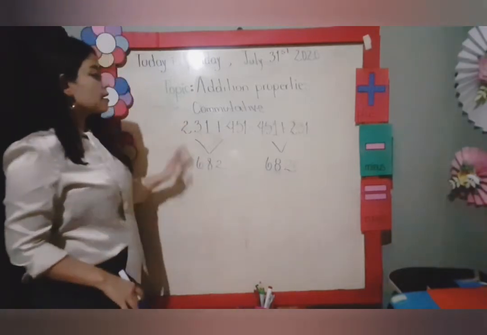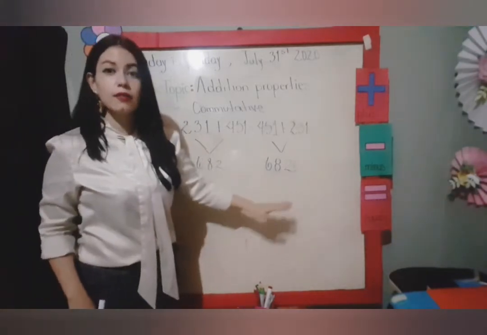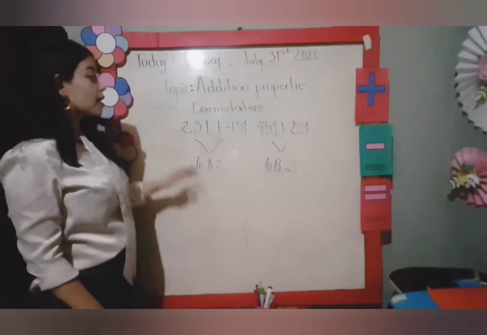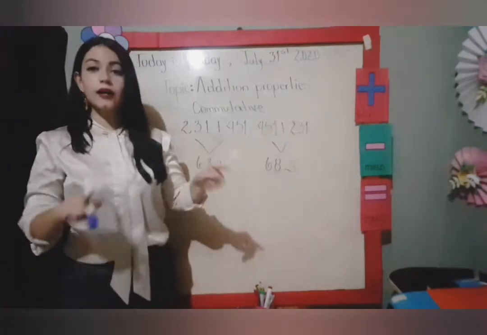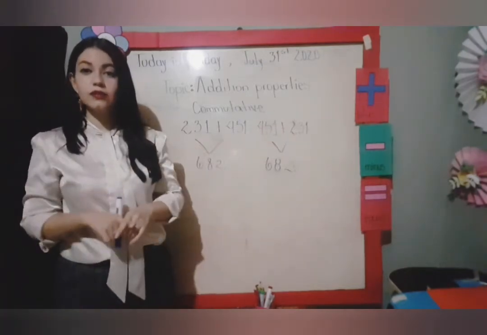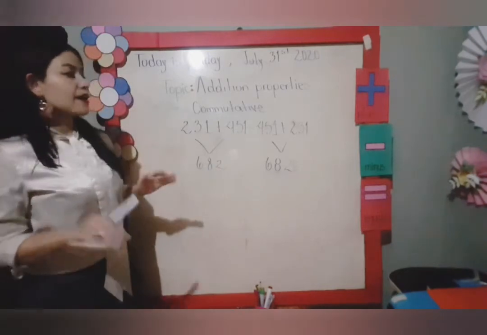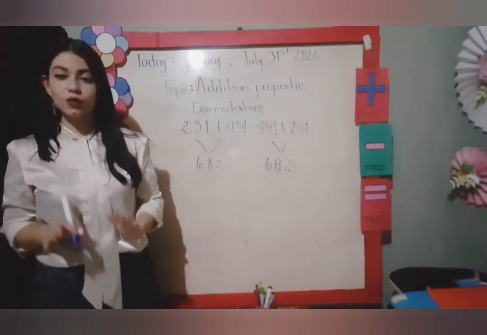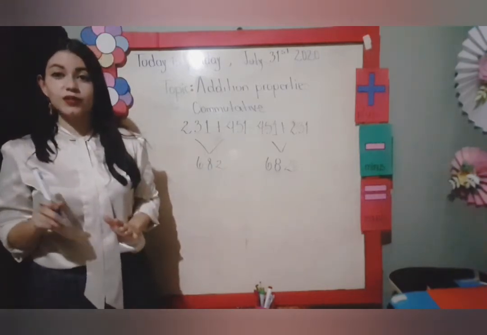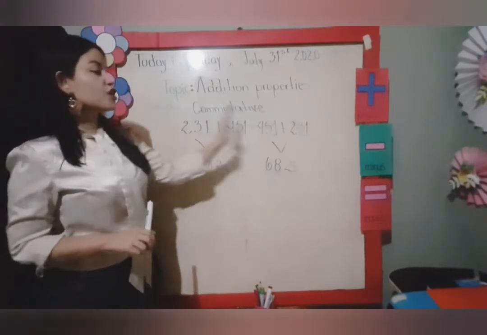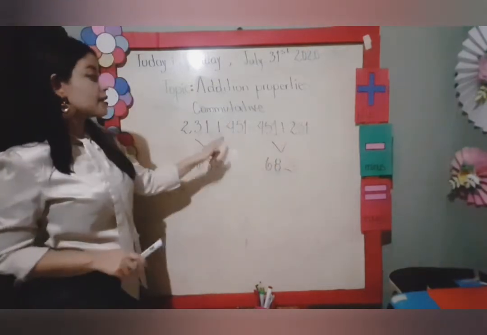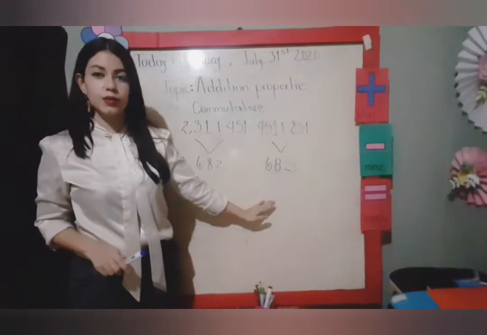As you can see, both have the same sum, the same result, but the addends are in different order. This is the commutative addition property. As you can see, it only changes the order of the addends but not the result.